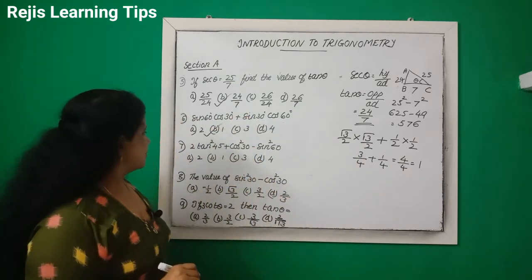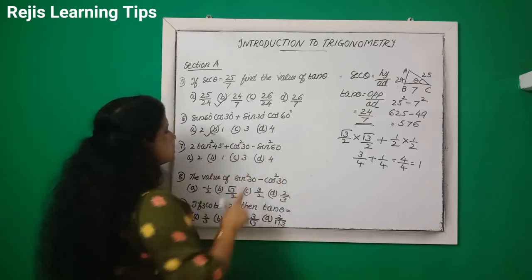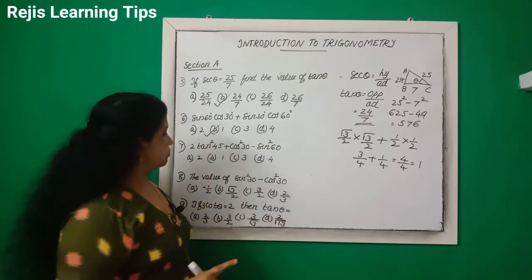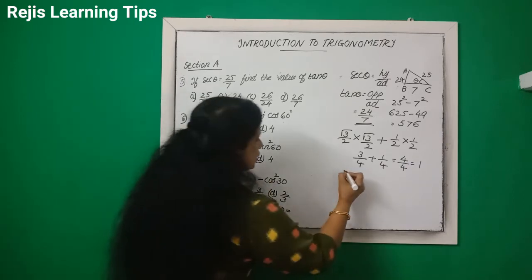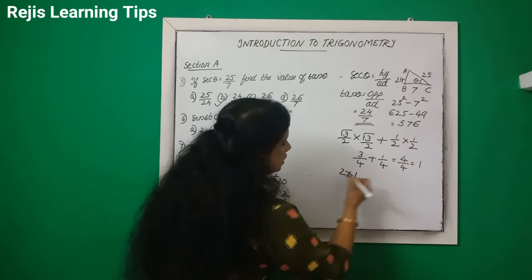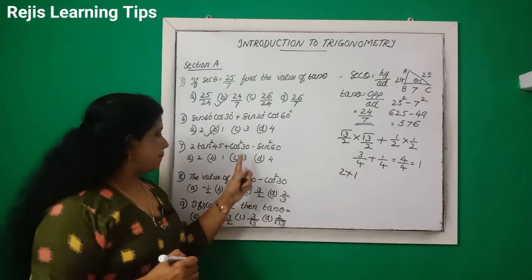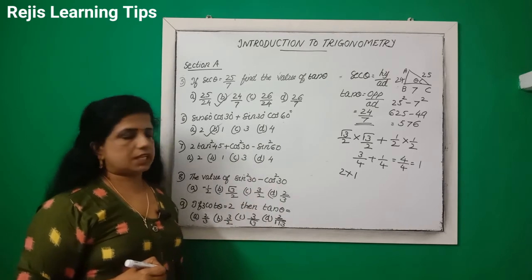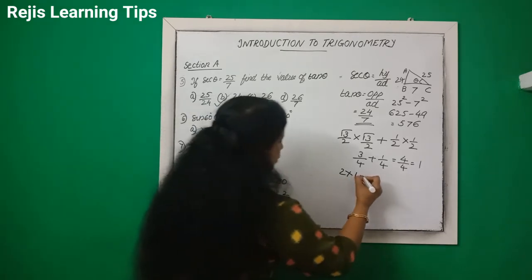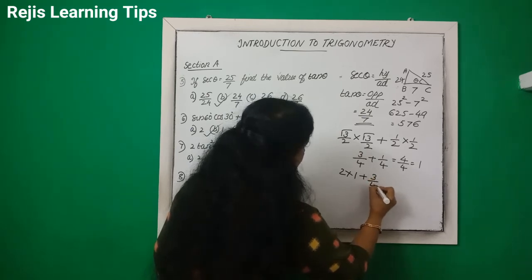The next, 2 tan square 45 plus cos square 30 minus sin square 60. Okay, 2 tan square 45. Tan 45 is 1, 1 square is also 1, plus next cos 30. Cos 30 is root 3 by 2, so root 3 by 2 square is 3 by 4.